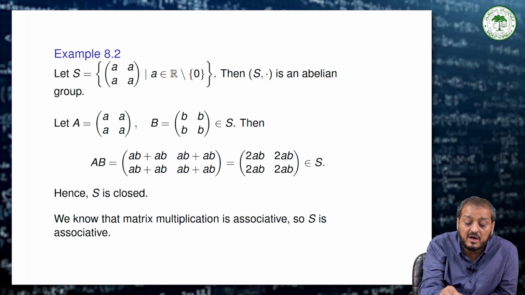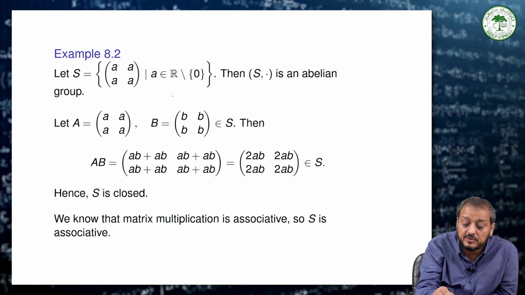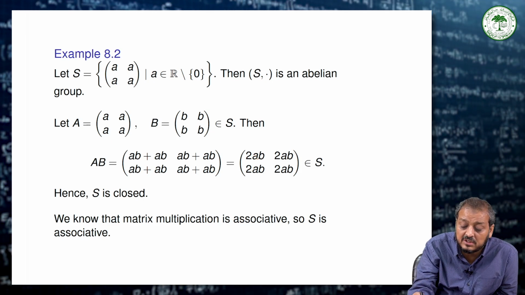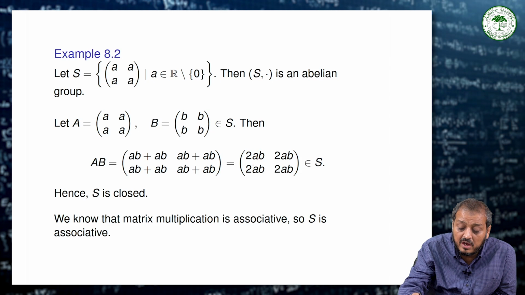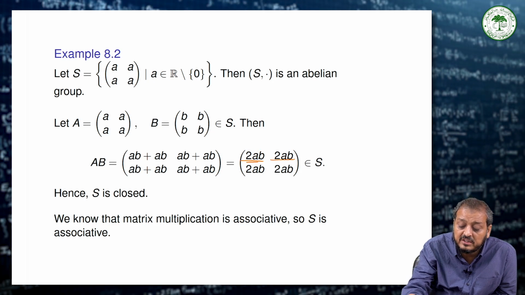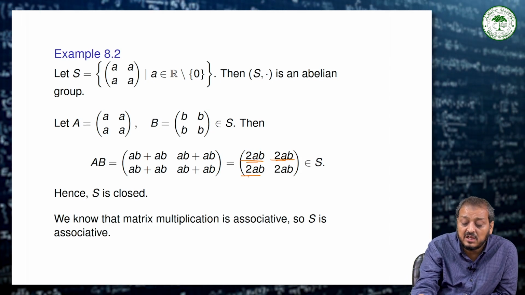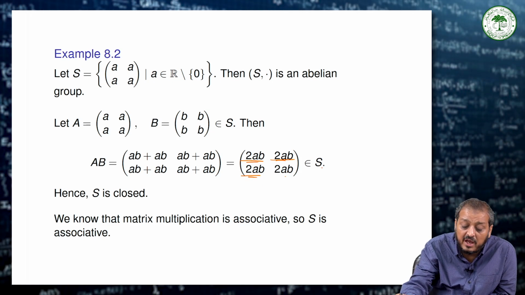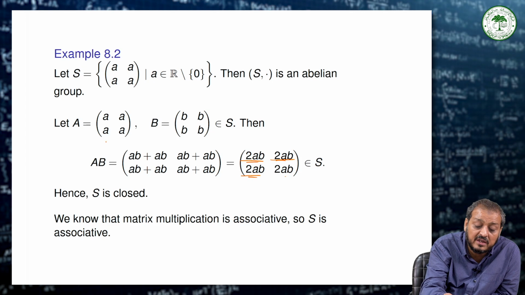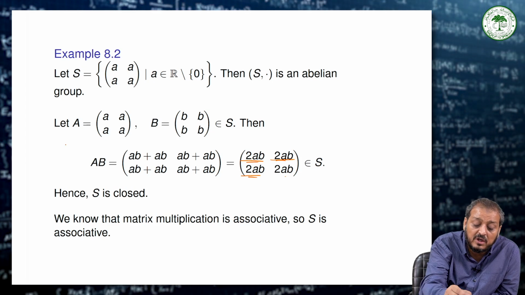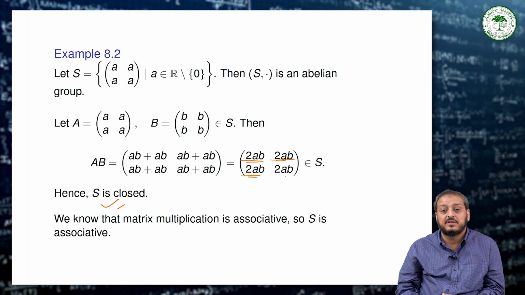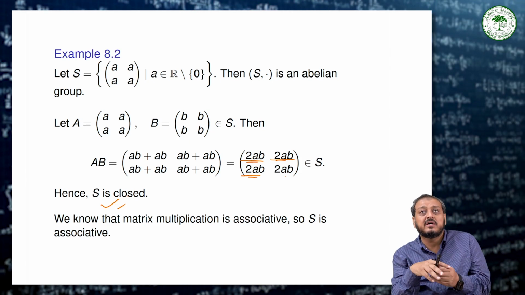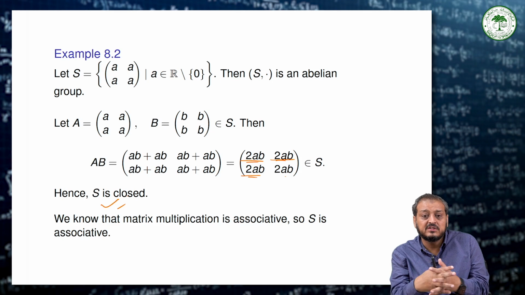If A and B are real numbers except 0, then AB is also a real number except 0. So this clearly belongs to S, and under multiplication S is closed. So the first condition of closure is satisfied in this problem.